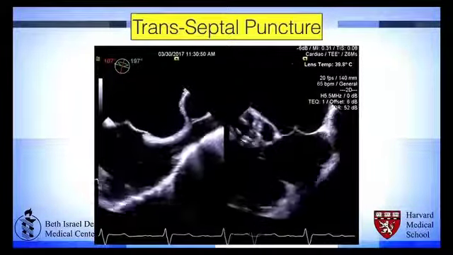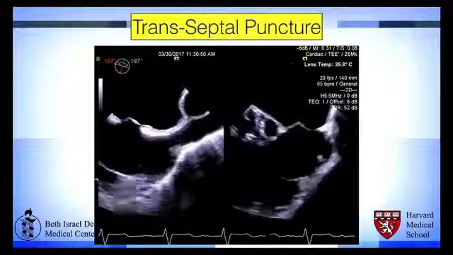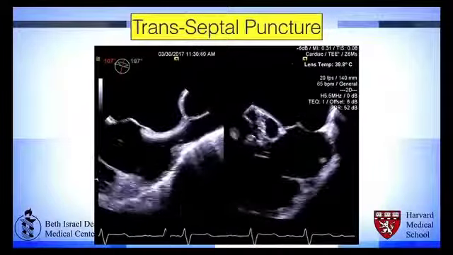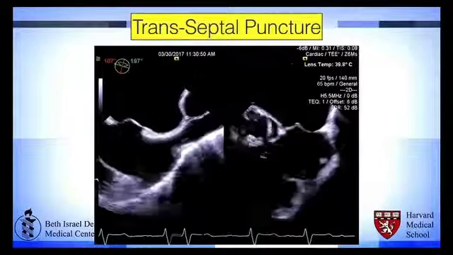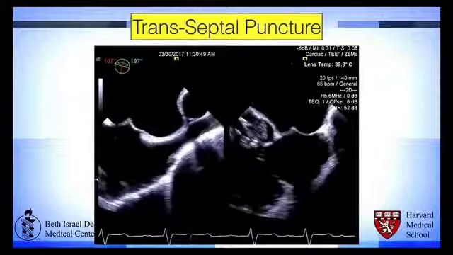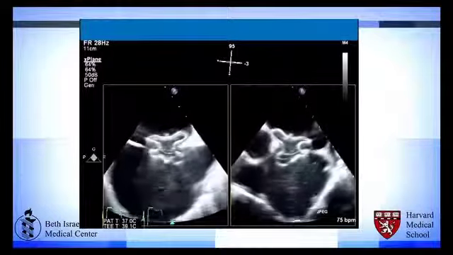And while 3D imaging is very good and essential for it, the most important part of transseptal puncture is being able to see the needle tenting the interatrial septum in two orthogonal views, both in the superior-inferior and the anteroposterior directions. Similarly, position of intracardiac devices.